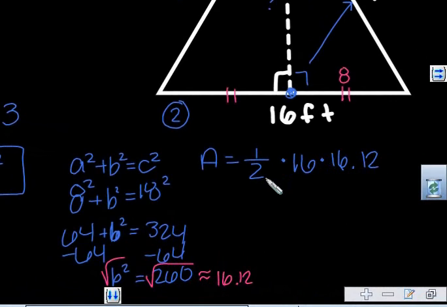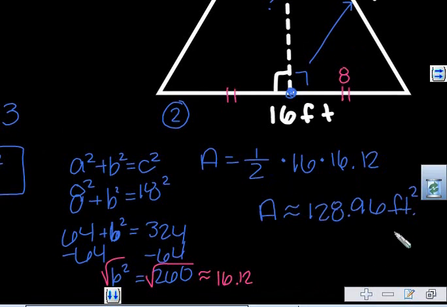So we have 1/2 times 16 times 16.12, which gives us approximately 128.96. The units were feet, so that would be feet squared.